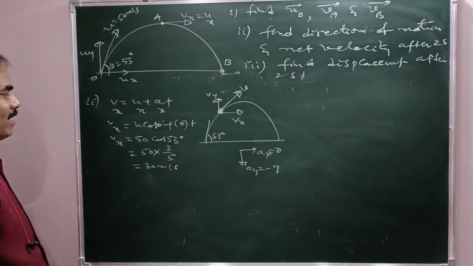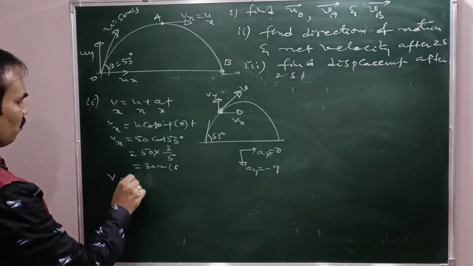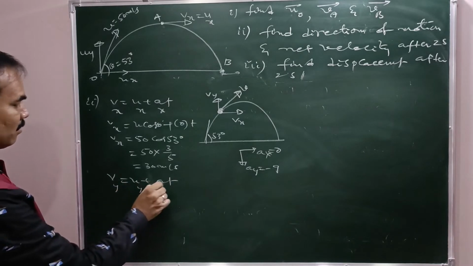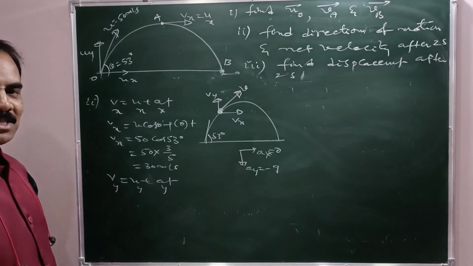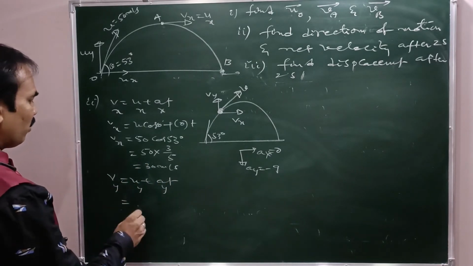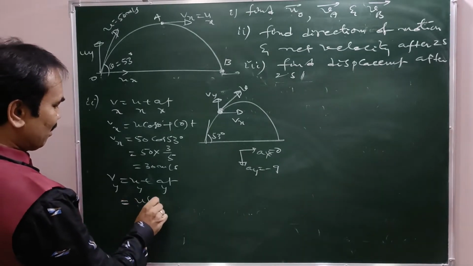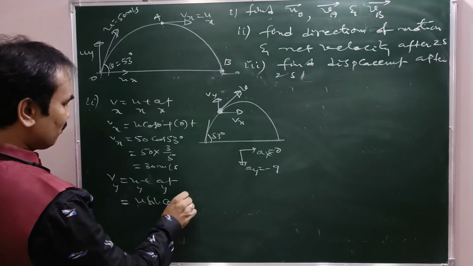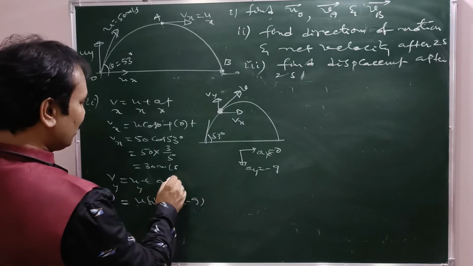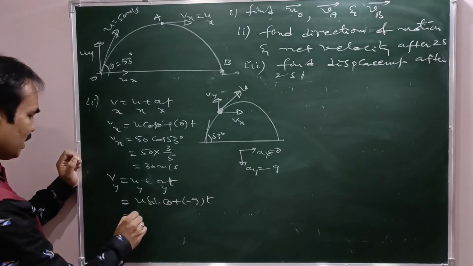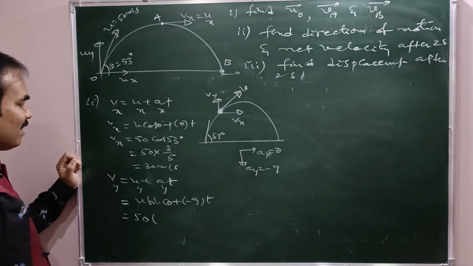second. Now what is the vertical velocity here? V equal to U plus At. Take along the y-axis, same expression. Vy equal to Uy plus Ayt. Uy is U sin theta plus minus g into t, that is 50 sin theta.